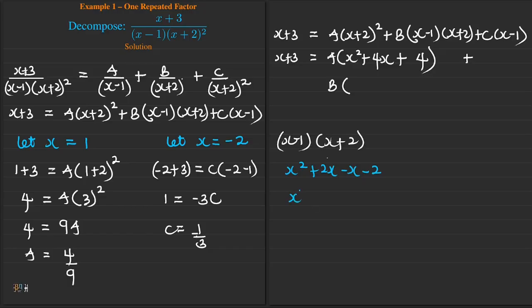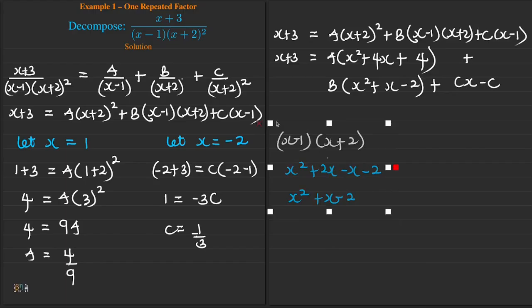Simplifying further, we have x squared plus x minus 2. That is what we are going to substitute in here: x squared plus x minus 2. And then plus that of the c can simply be evaluated, so we have cx minus c.